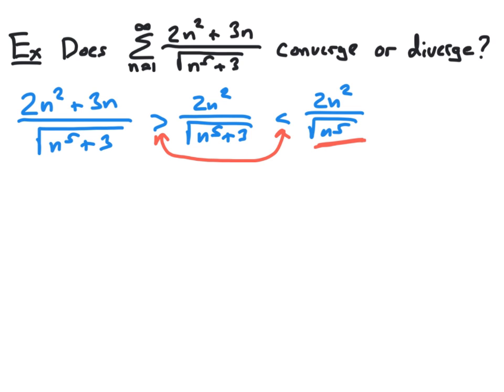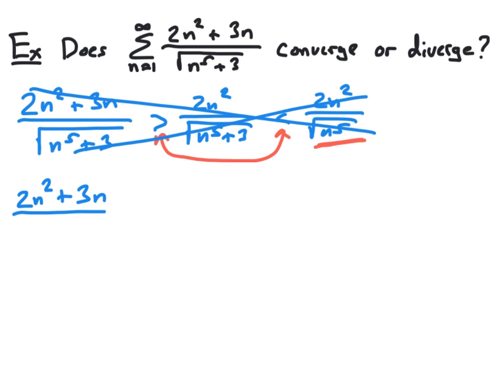And so when we're unable to determine the direction of the inequality sign, the limit comparison test gives us a way to compare these without having to know that direction. So we can just get rid of this and not worry about our inequalities. What we want to do is just find a series that is approximately equal to 2n squared plus 3n over the square root of n to the fifth plus 3.